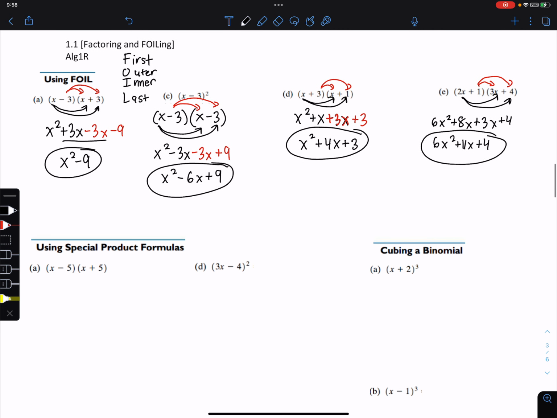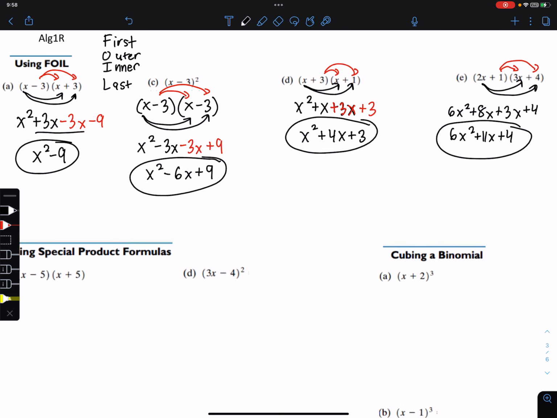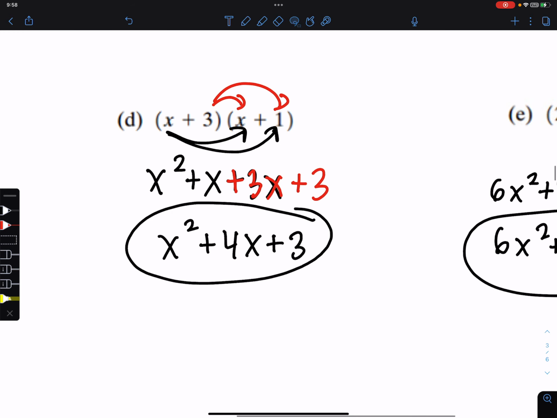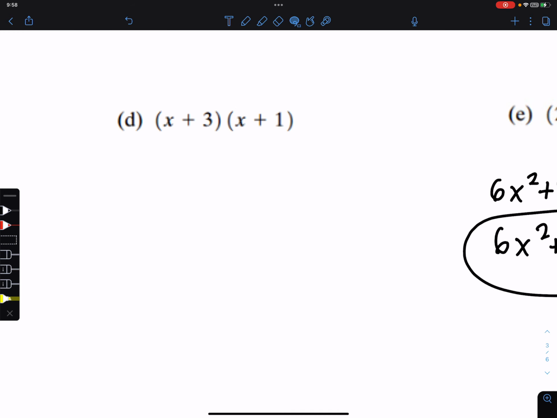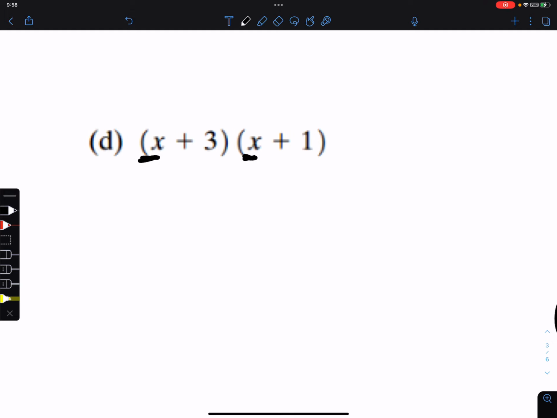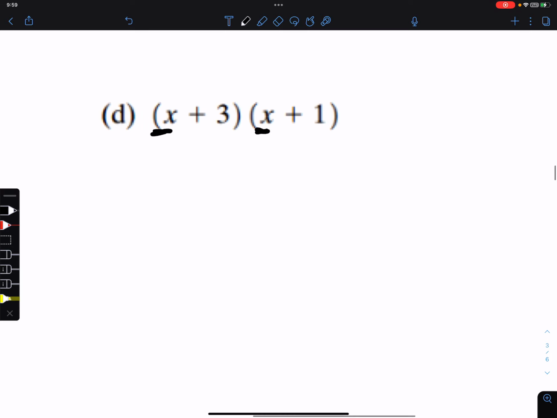Okay, now if you're in honors, this might be a good thing to note, okay? So when you have something like this, and you have a 1 in front of both x's, this will be what it comes out to. So you have x squared, and then you add both of these terms, okay?